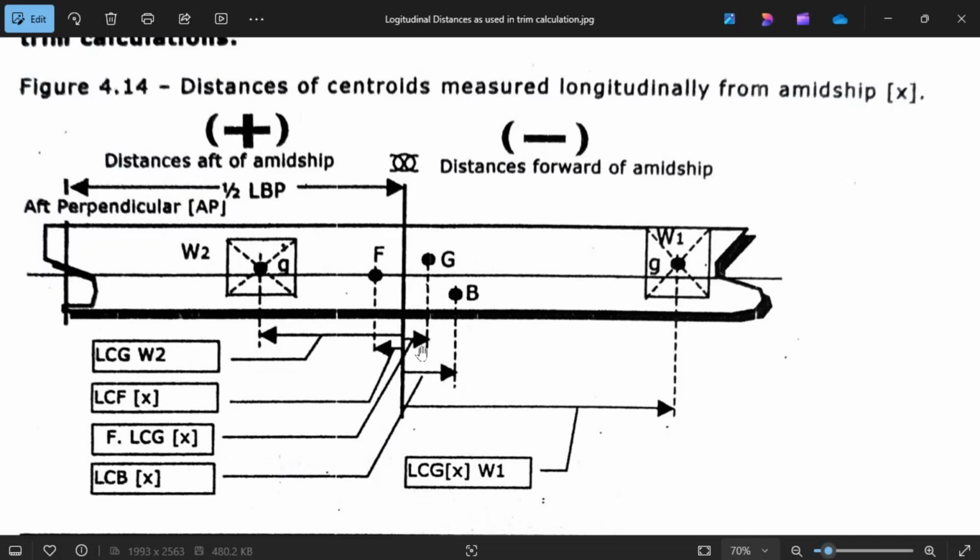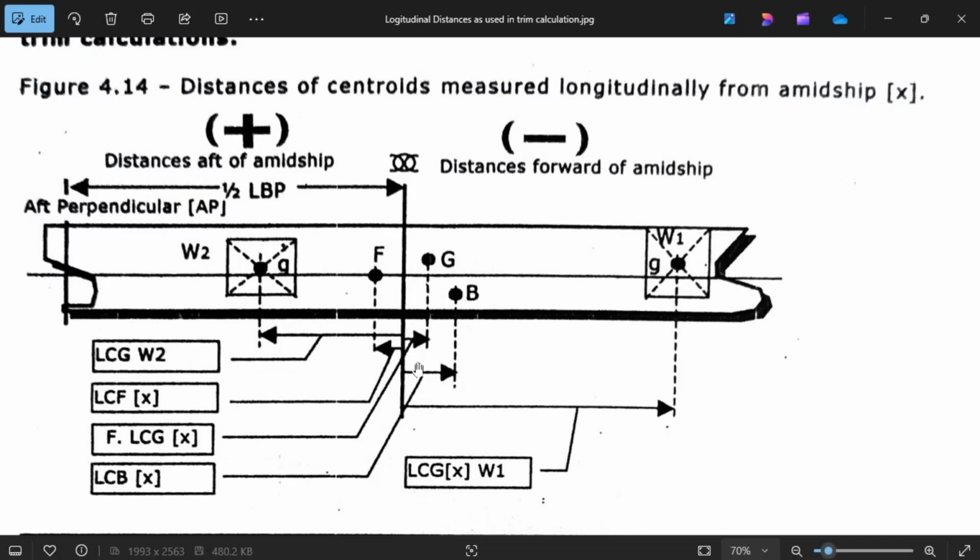Then we go to this small arrow here, which is also the center of gravity, a little bit forward of your midship or reference point. This small arrow, the center of gravity from midship going a small distance, will be your final LCG, the longitudinal center of gravity.